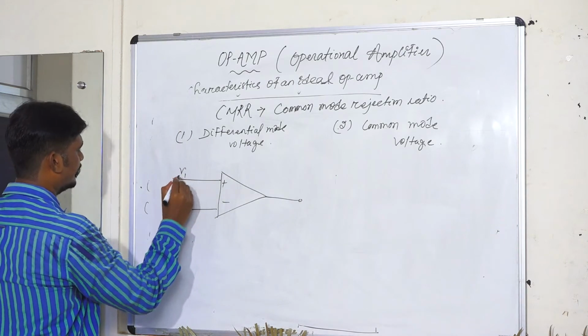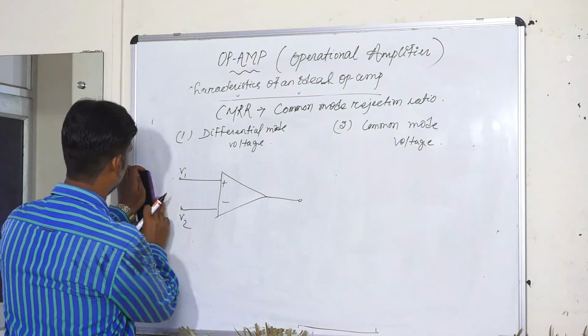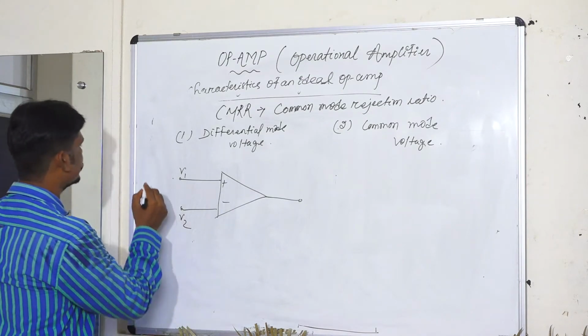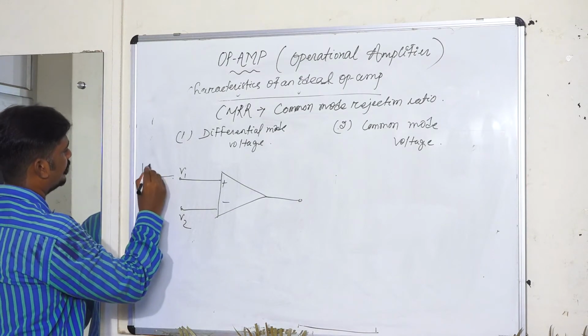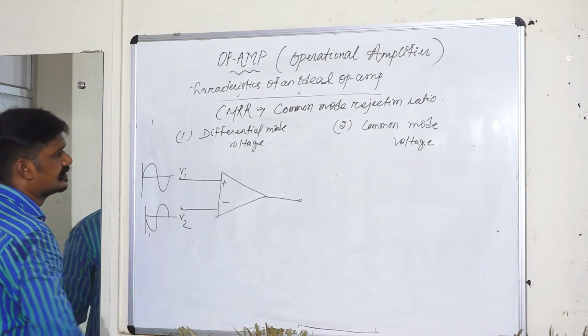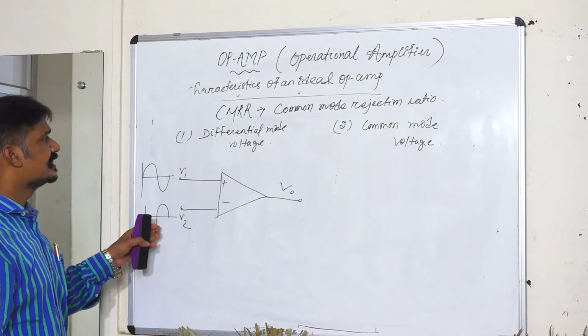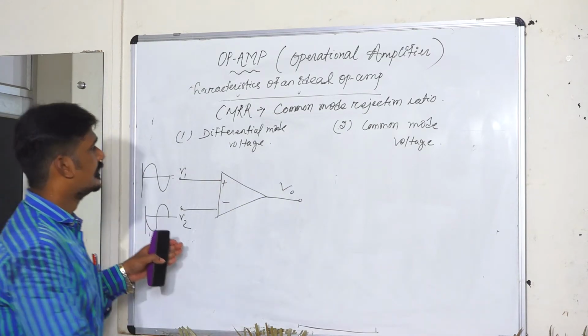If we supply two voltages of equal amplitude and opposite in phase, then we call it differential mode voltage.